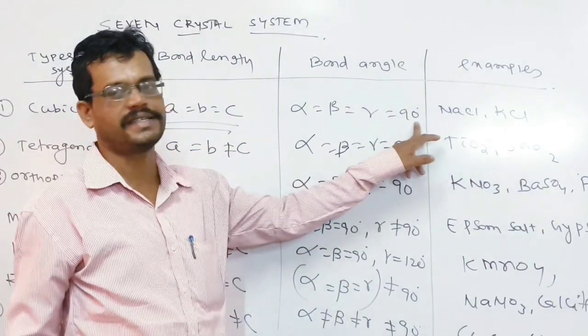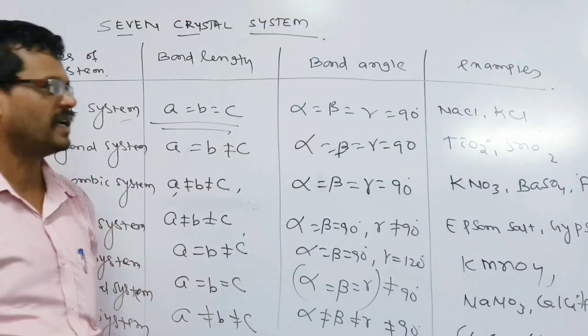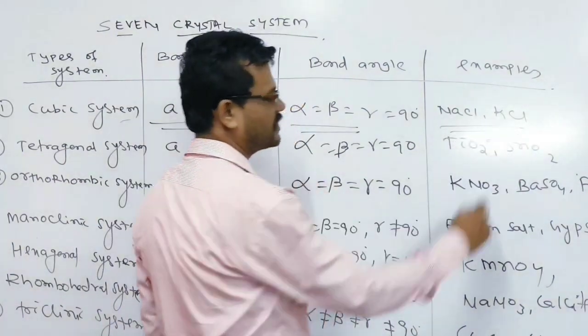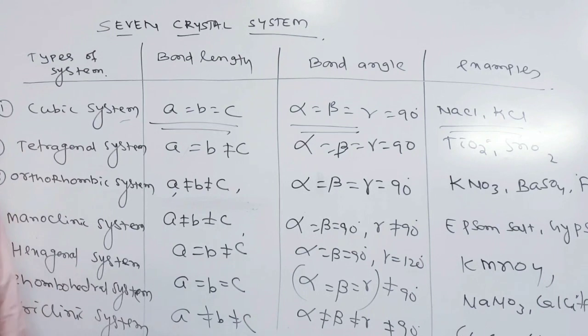Similarly, the angles alpha, beta, and gamma are also 90 degrees. Examples of this type of crystalline solids are NaCl and KCl.